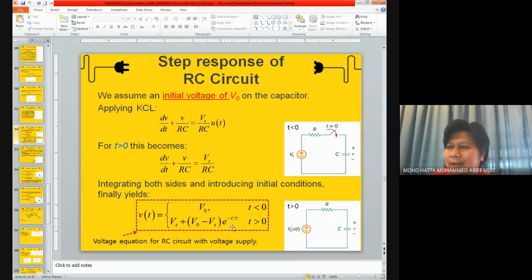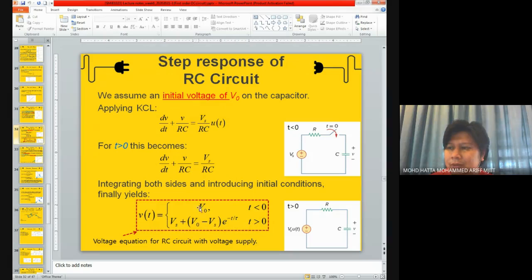If you look at the response of the circuit at t greater than 0, there are three parameters that you need to determine in order to have a complete response of the voltage across the capacitor. The first one is V naught.